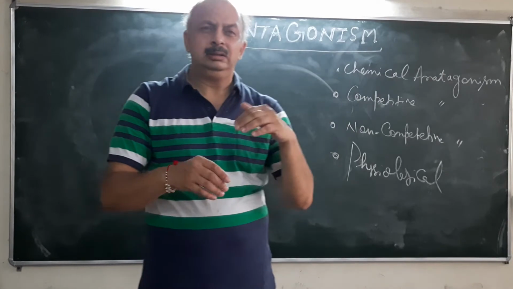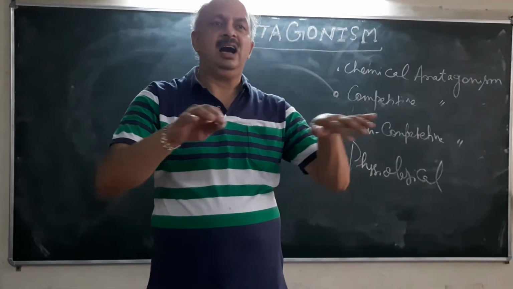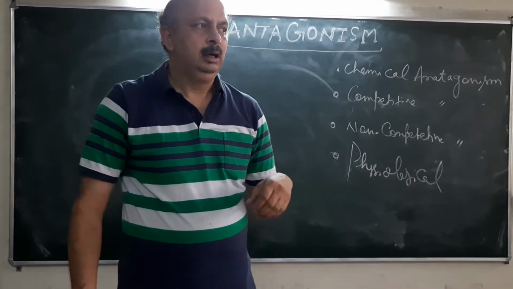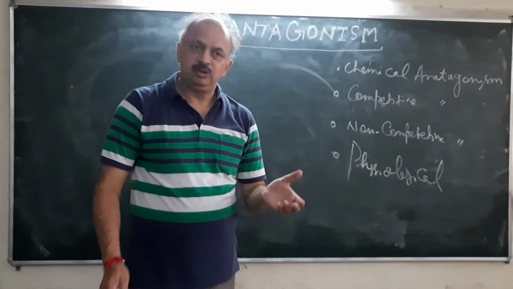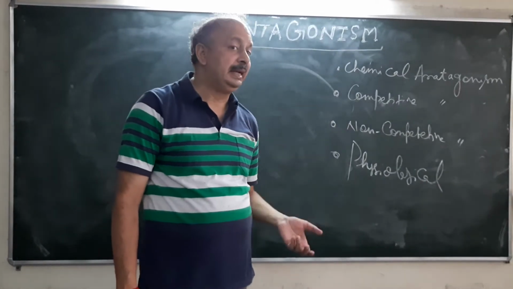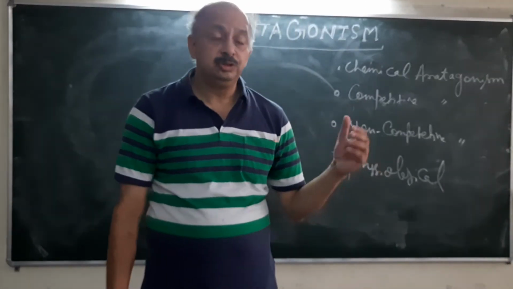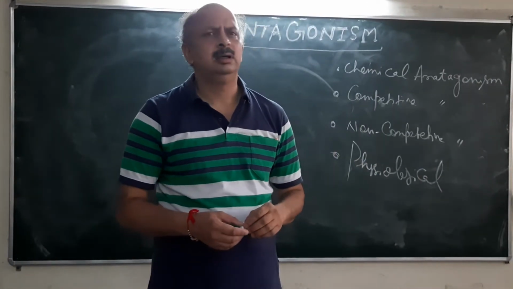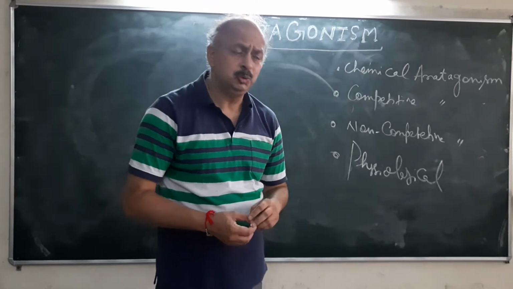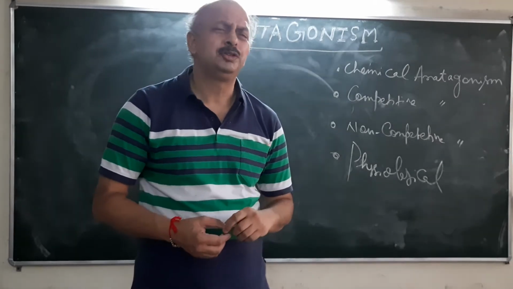Anta means the drugs are acting against each other and show opposite effects. What is the need of antagonism? We are using this term again and again. Antagonism is used basically in the treatment of so many things.